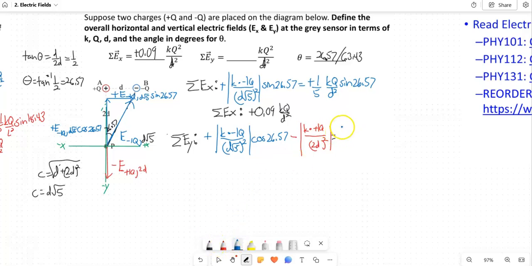So we're going to get a positive 1/5 kq over d squared cosine of 26.57, but this is going to be minus 1 over 2d squared, so that's going to be 1/4 kq over d squared.